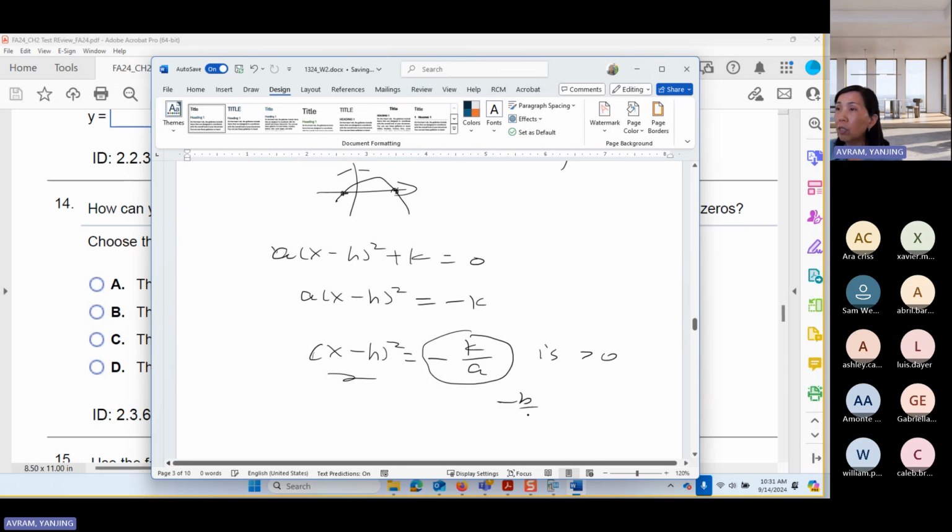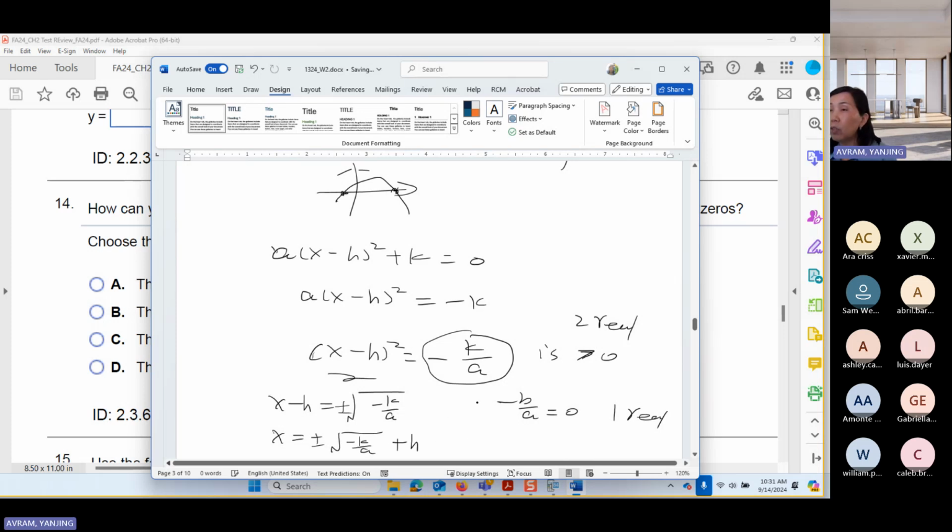If it is equal to 0, there will be only one real zero. If it is greater than 0, we have two real zeros. Then I solve for x, taking the square root, and you need a plus or minus.